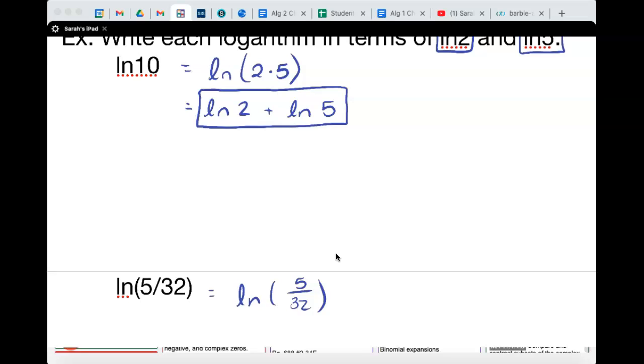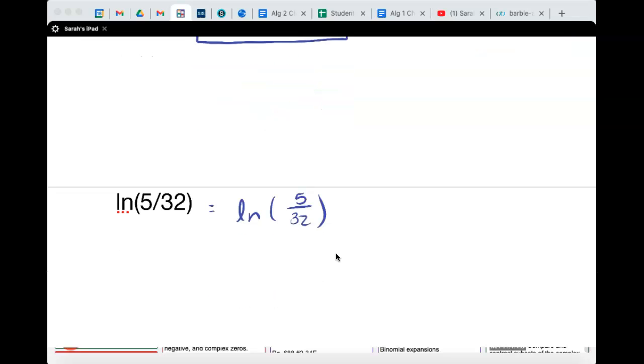Okay, so there's no way to multiply 2 and 5 to get to 32 or divide them or anything. So we need to write it as a power. So how can I rewrite 32 as 2 or 5 to an exponent? 2 to the 5th, yeah. So I can write it as 5 over 2 to the 5th power.